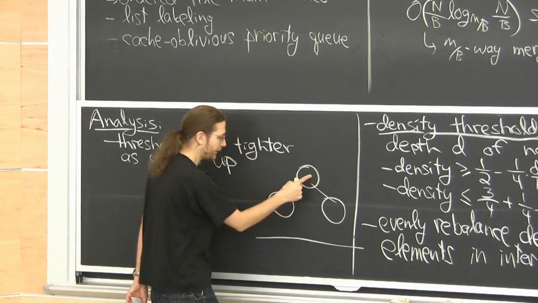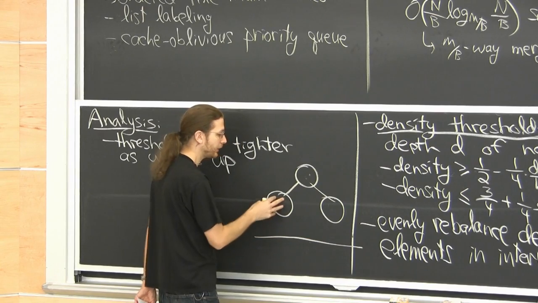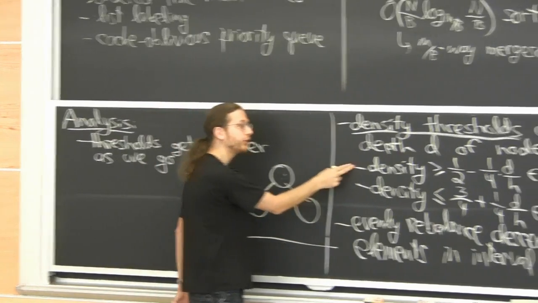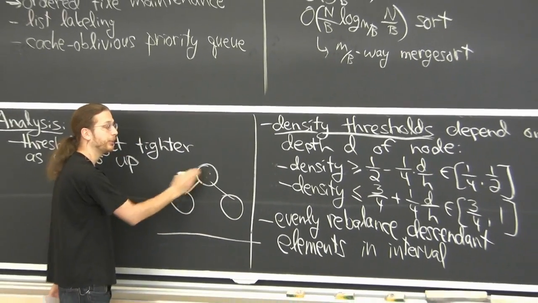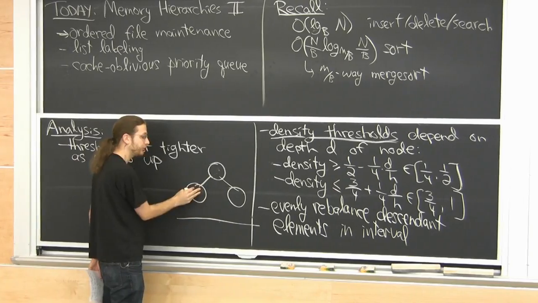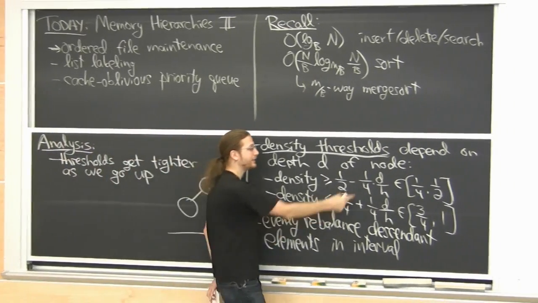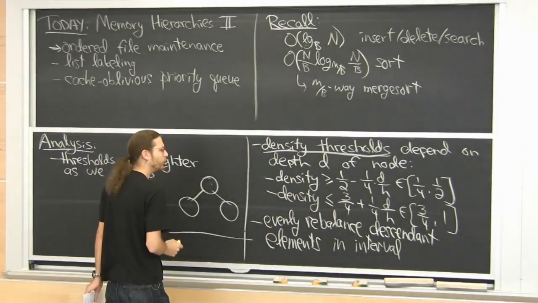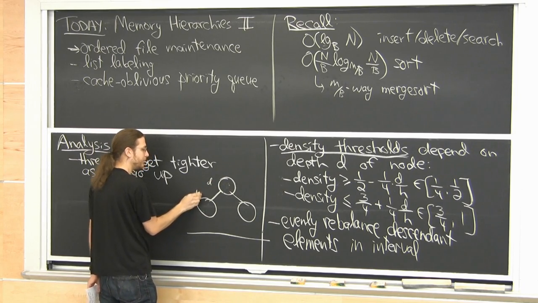If we're evenly redistributing, so the density is equal everywhere, the left child will have the same density as the parent. But if you look at the density thresholds of the child, they will be more relaxed compared to the parent. So if the parent is within threshold, the child will be far within threshold by at least a 1 over h additive amount, because their depths differ by 1. If this is d, this will be d plus 1.